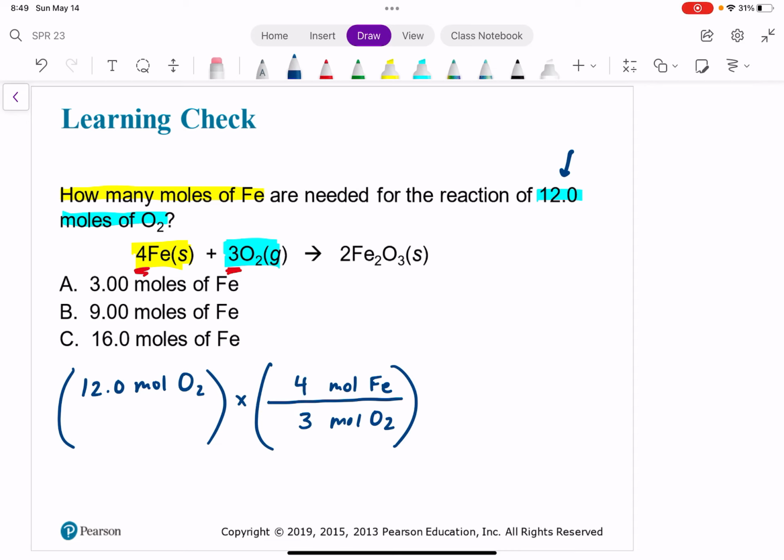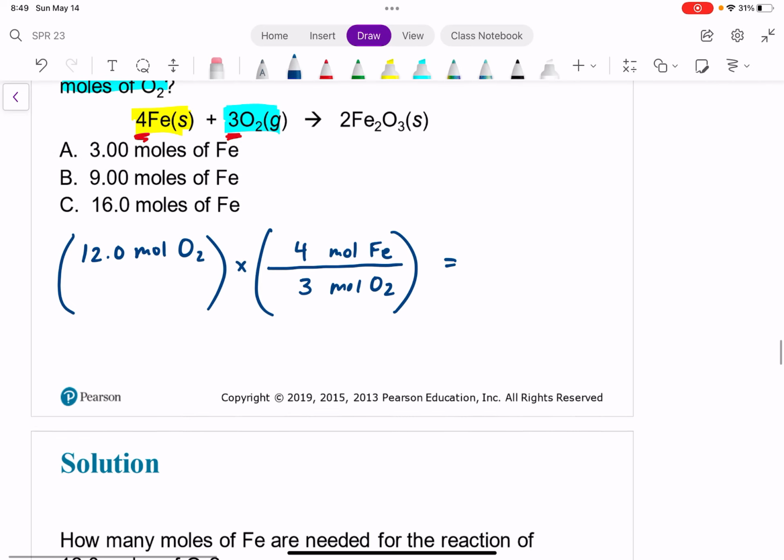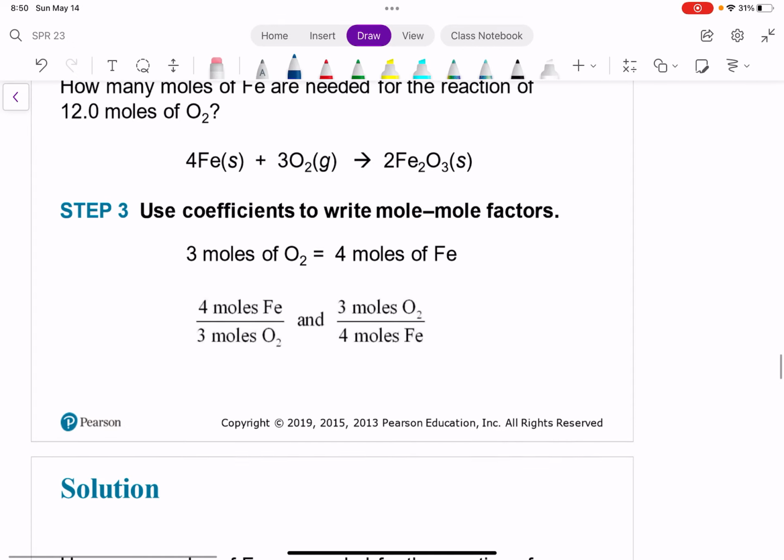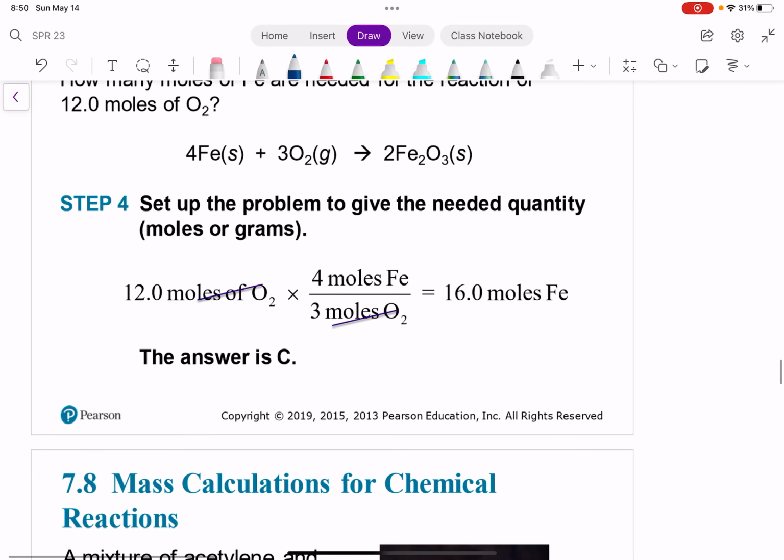Yep, for every 4 moles of iron, I'm reacting 3 moles of oxygen to give 2 moles of Fe2O3, okay? Iron 3 oxide, sorry. All right, so again, to save time, let's just see what the answer is here. Yep, and it looks like 16.0 moles of iron.